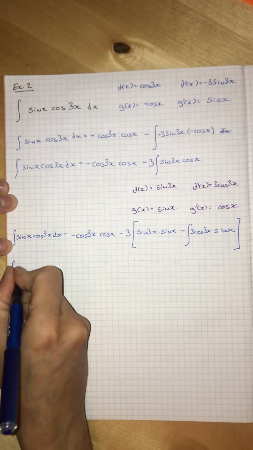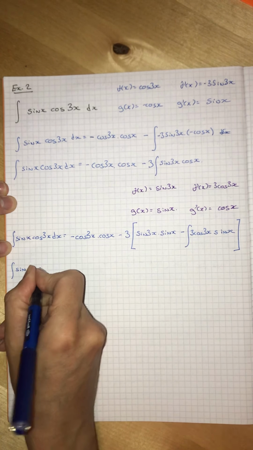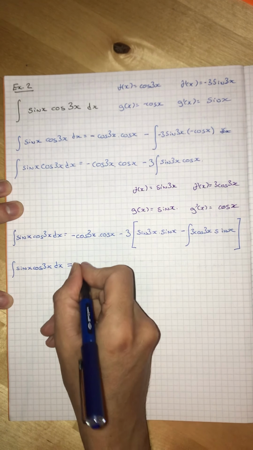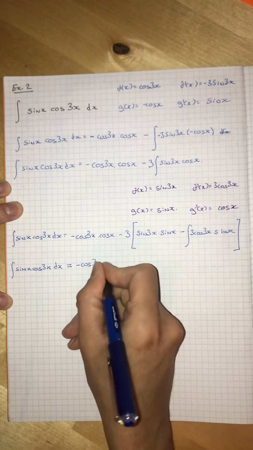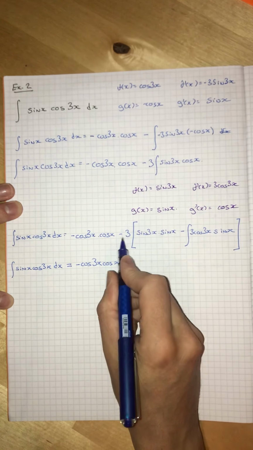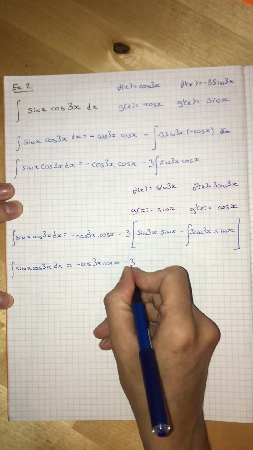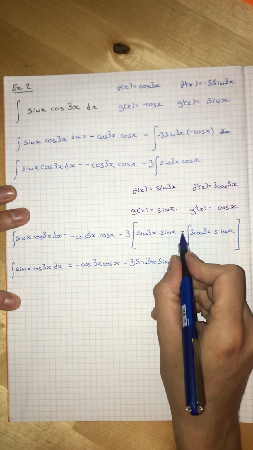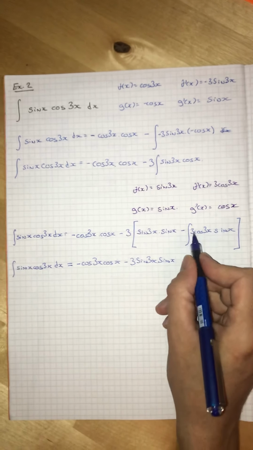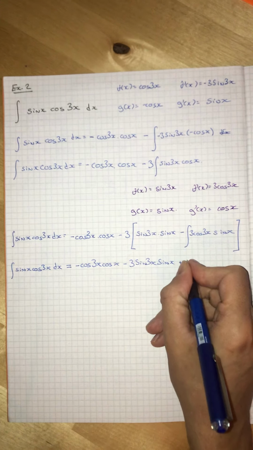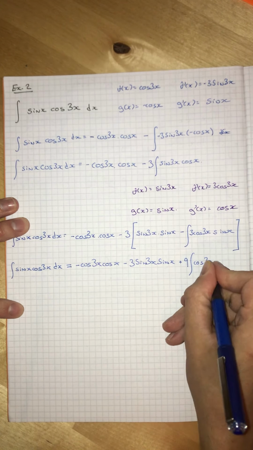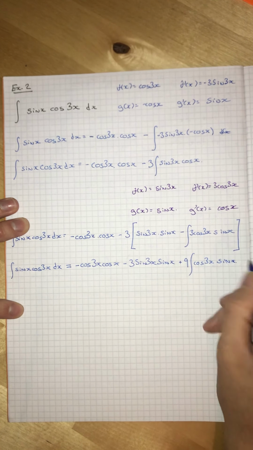So let's break out this bracket. So we get negative 3 sine 3x sine x. Negative 3 times that negative will become positive, and let's also bring that 3 out, so it's going to be plus 9 times the integral of cos 3x sine x.